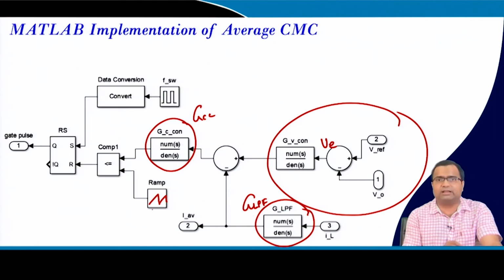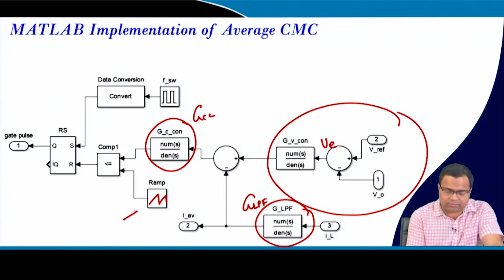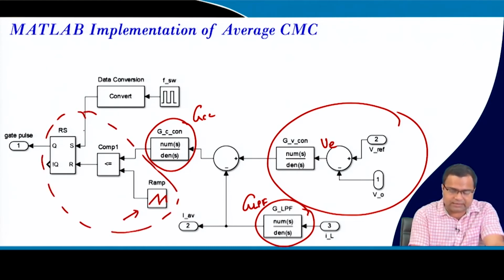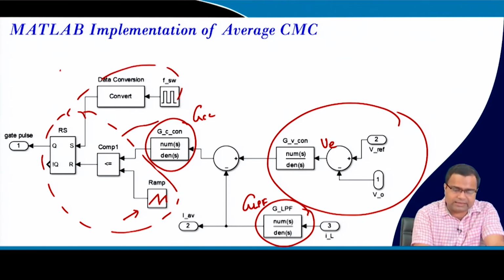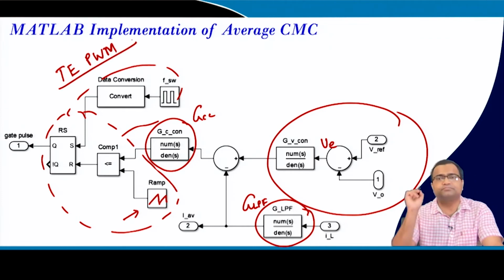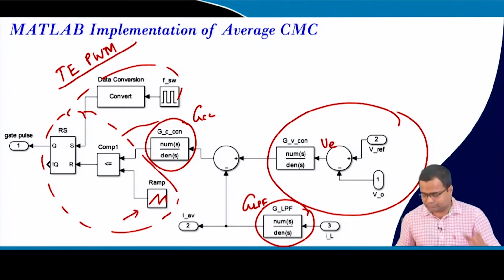If we put in a value, then accordingly it will get updated. So, this is a modulator. This whole block, including this also, is like your trailing edge PWM modulator.